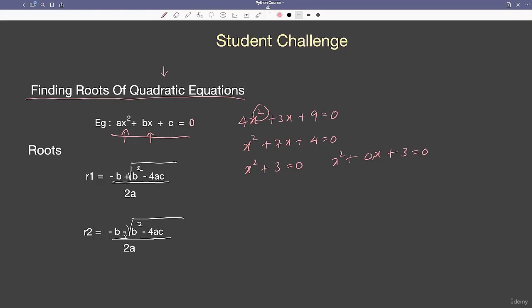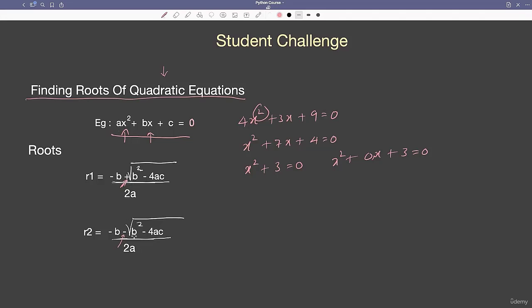And another one is minus b, it's the same thing, the only difference is that instead of plus, minus is used. Rest of the things are the same. So the first root is with plus, the second root is with minus. So there are two roots of a quadratic equation.